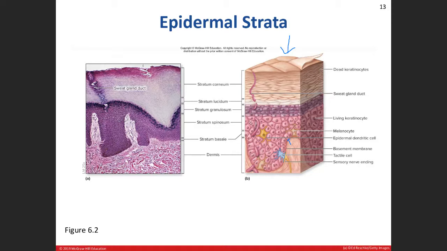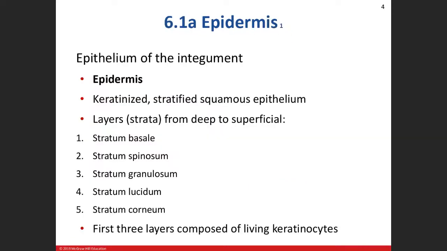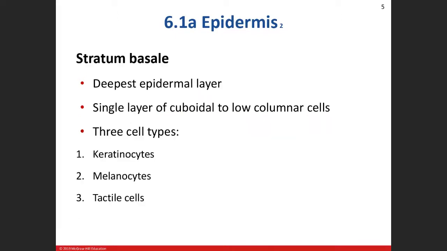So if you recall, the epidermis is made up of stratified squamous epithelium, and we call it squamous because the top layer is flattened. So you name it after the apical layer.